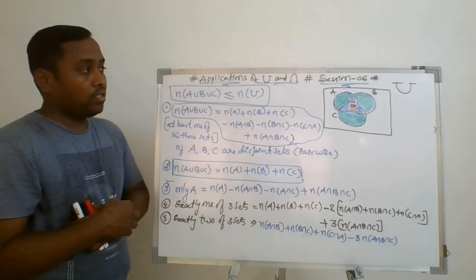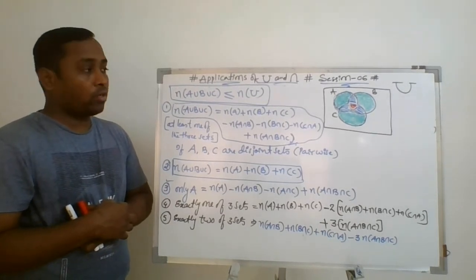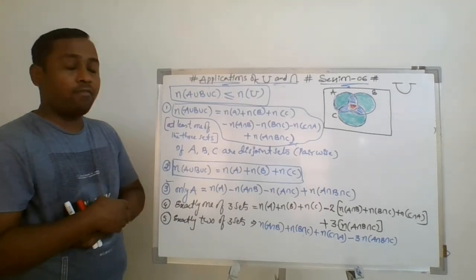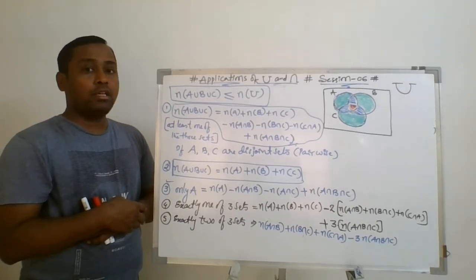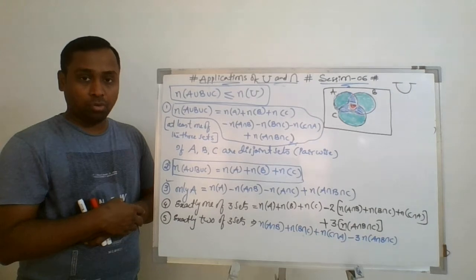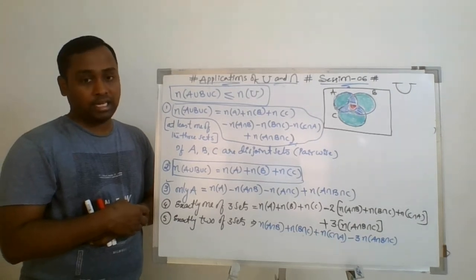Okay, so this is what I am talking about, the fundamental formulas of the 3 sets related questions with the help of Venn diagram.